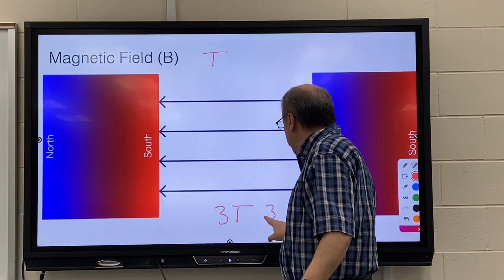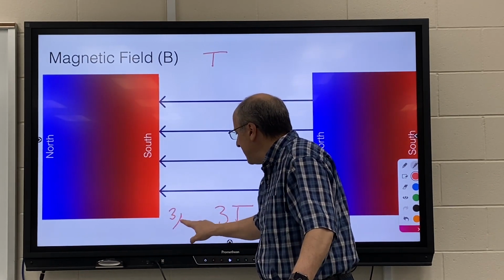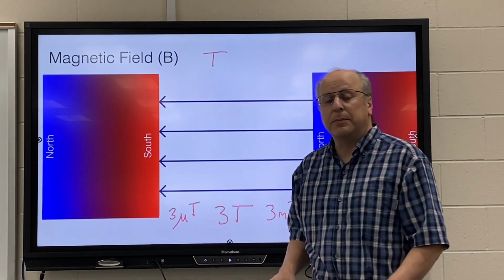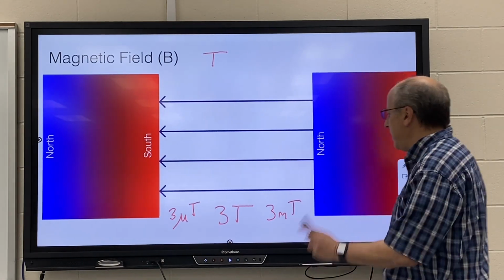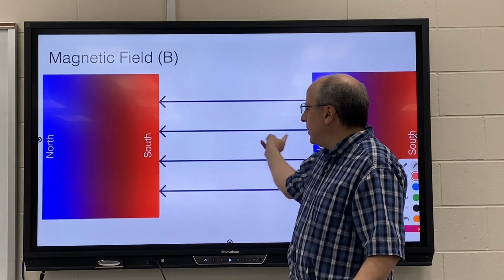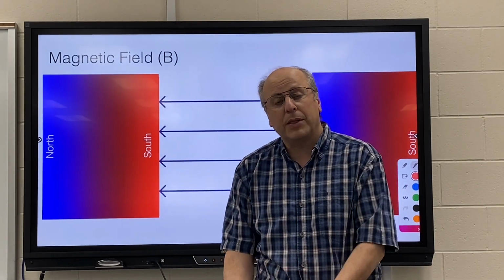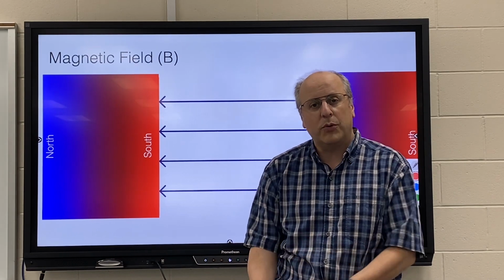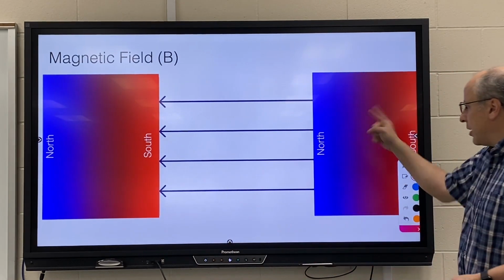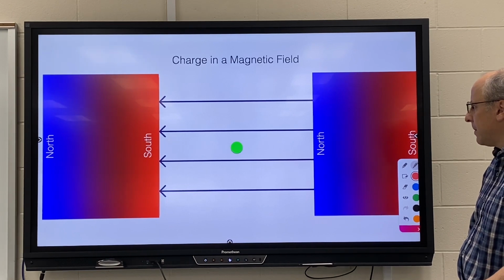Most times you're going to see much smaller magnetic fields, maybe even as small as millitesla. Okay, magnetic fields measured in Tesla, they point from the north to the south. Just like electric fields point from plus to minus, these point north to south. So that's our B field between these two magnets.